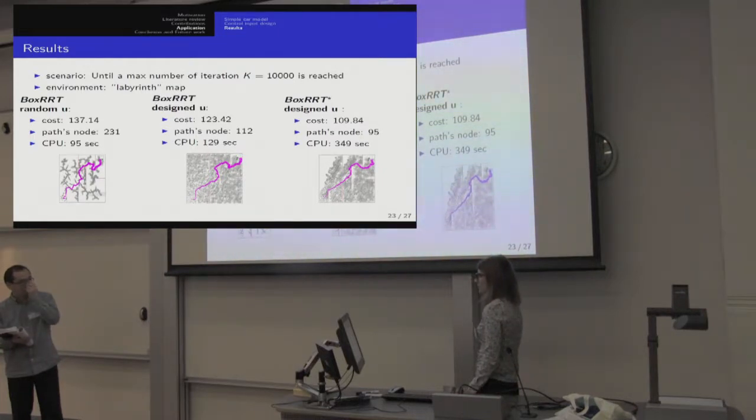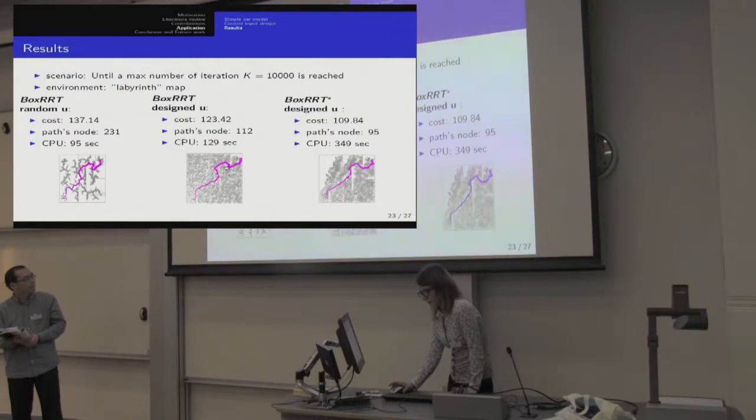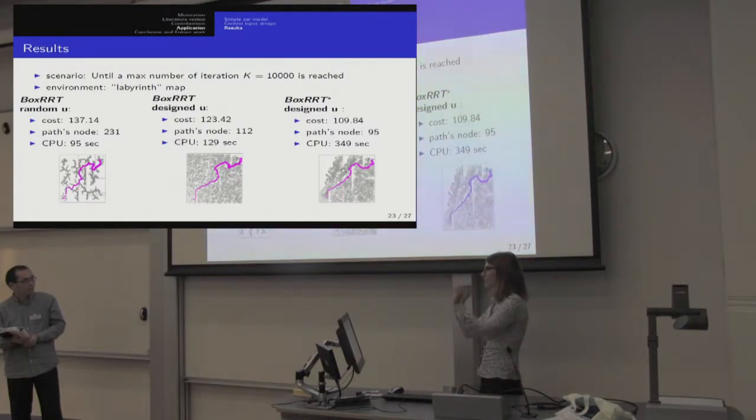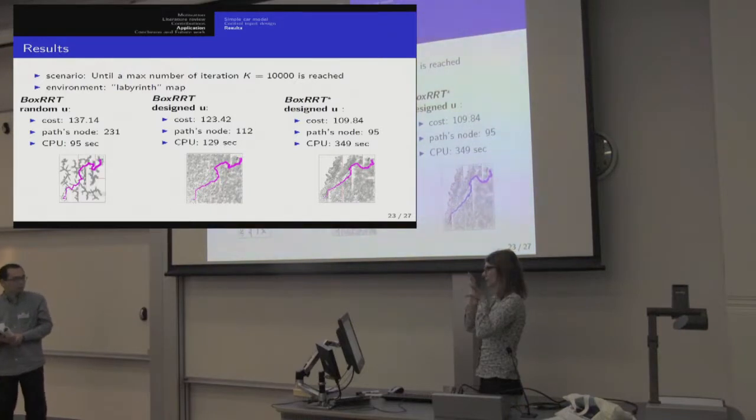Okay. So how come the BoxRRT doesn't give you the optimal path as well? Because of the structure of the algorithm. This kind of algorithm will update the tree. So the RRT, we have a tree with vertices and with edges. The vertices are the states and the edges are the trajectories. So the BoxRRT has 3 steps.